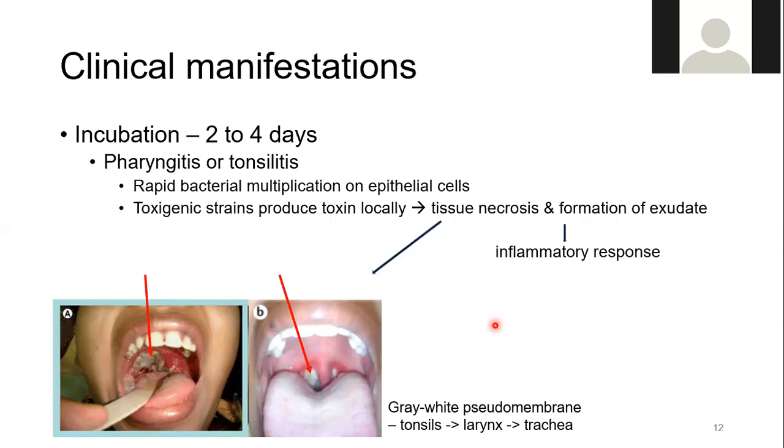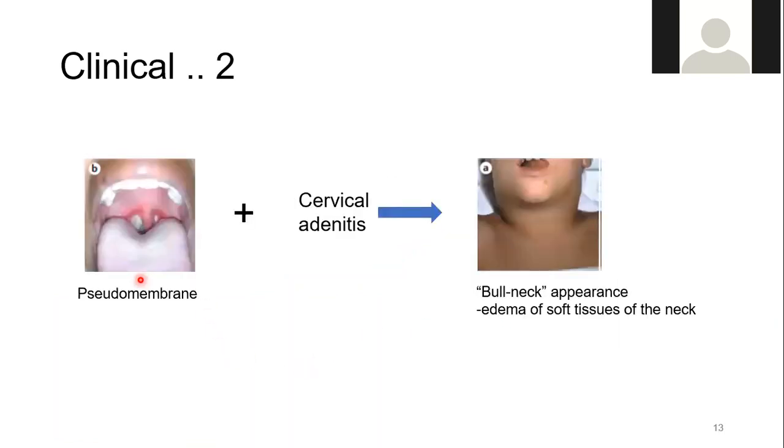Now, if you have the pseudomembrane plus accompanying cervical lymph node enlargement, the patient develops what is described as a bull neck appearance, basically edema of the soft tissues of the neck. So those are the two main characteristics.